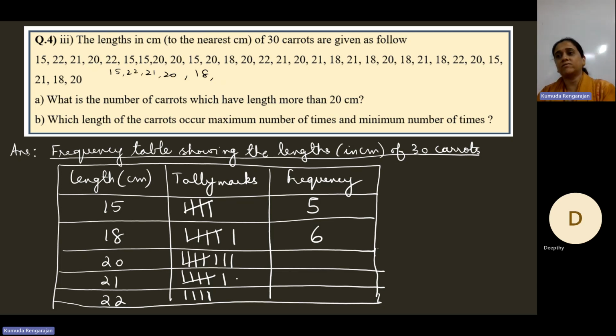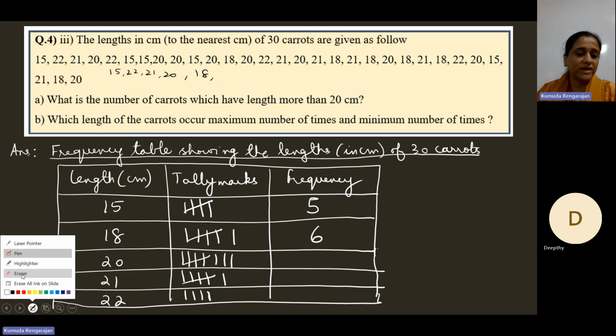Yeah, one value is missing. Let me see: 1, 2, 3, up to 30. 21, so we have to do it all over again.